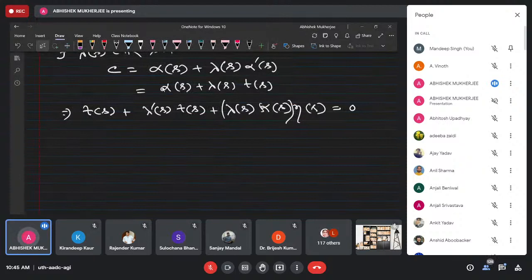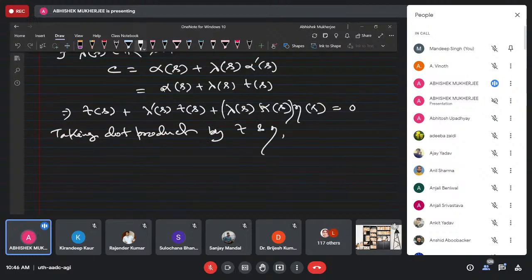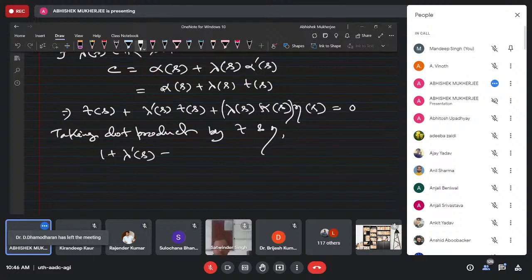Now taking dot product with t and eta: taking dot product by t, you will get 1 plus lambda s is going to be 0, and taking dot product with eta, it will give you that lambda s kappa s is 0.